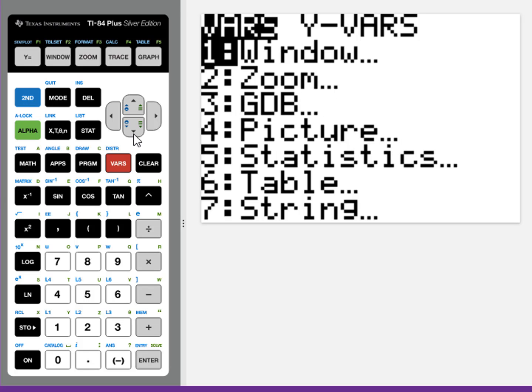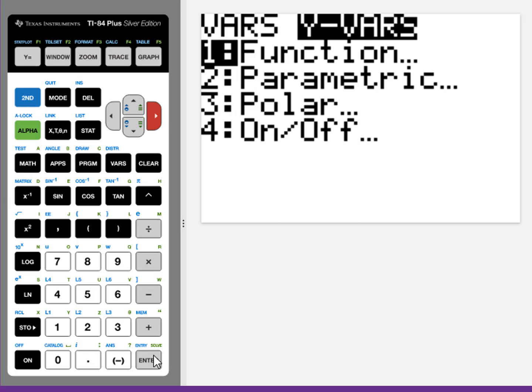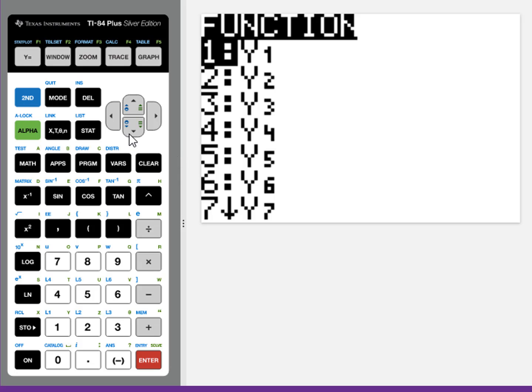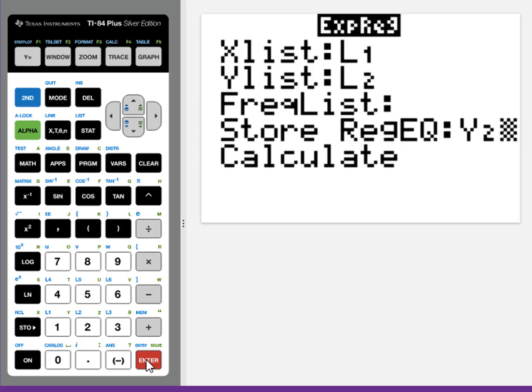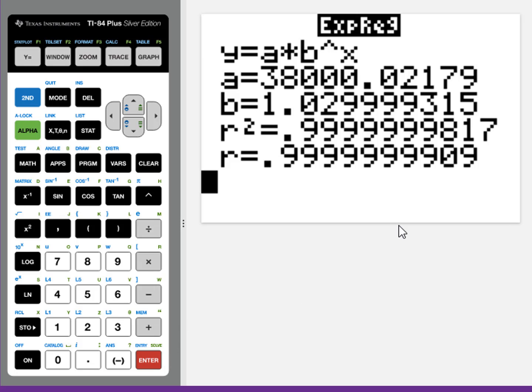So go to Variable, Y variable. This time I want to store this equation into Y2. So enter, enter, enter. Then this time you compare the R. The R we call correlation coefficient. Which one is closer to 1 will be the best fit.